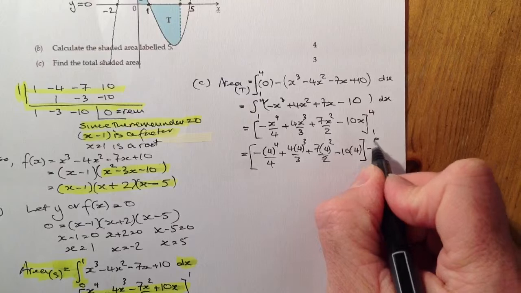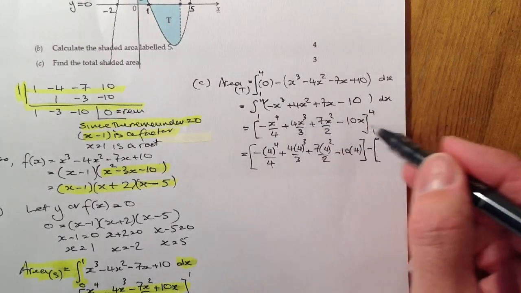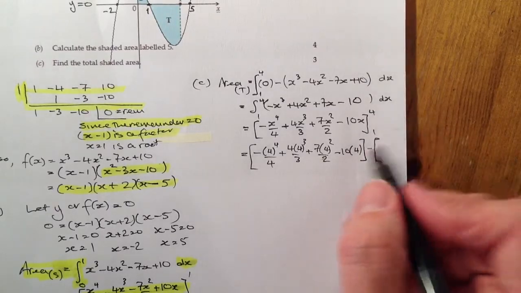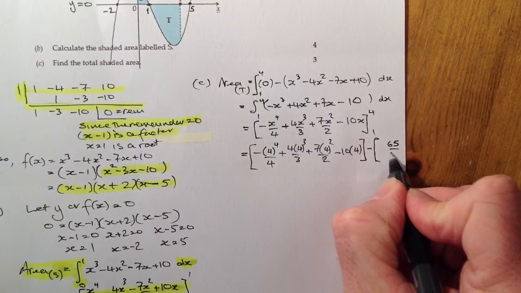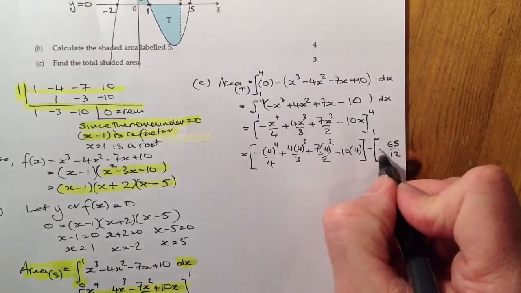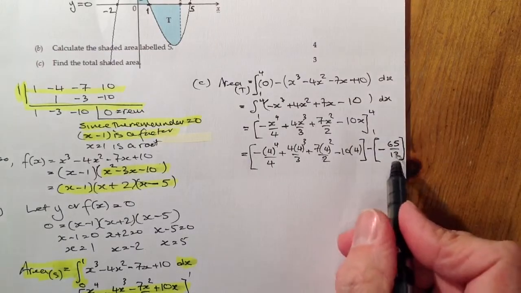Then minus, and I could substitute the 1 in all the way here. If I substitute the 1 in, I'll get 65 upon 12, because I worked it out for part B, but it would be a negative. I'd recommend that you put all your values in to make sure that you come out with that value.